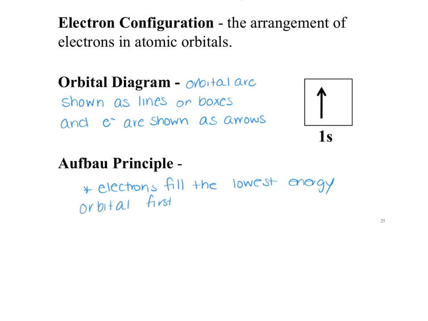So that means s is going to be filled first, then p, then d, and then f. That's the order we're going to go in. Then also that means that energy level 1 is going to be filled before 2, which is going to be filled before 3, right? So that's the order in which these electron configurations are filled.